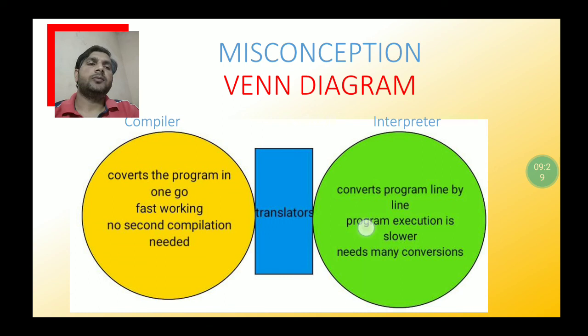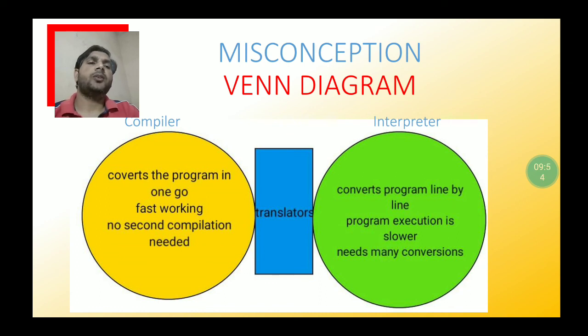But in interpreter, program execution is slower. Why is it slower? Because it needs many conversions. First it shows the errors, then the programmer corrects these errors, and then next time he again converts the program.